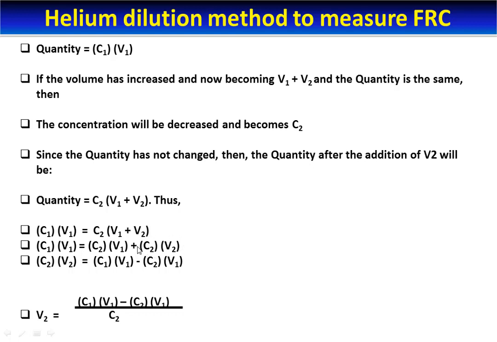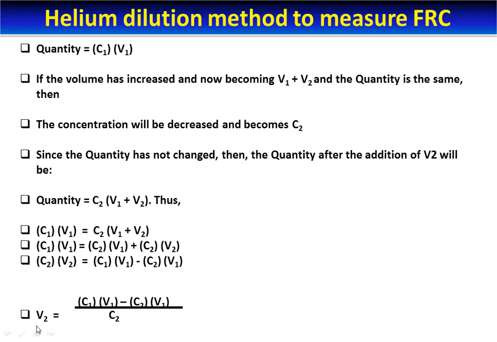We can have this on one side of the equation, so this goes with the negative sign here. So C2 multiplied by V2 is equivalent to C1 multiplied by V1 minus C2 multiplied by V1, and we can calculate V2, which is the additional volume through which this substance has been distributed.